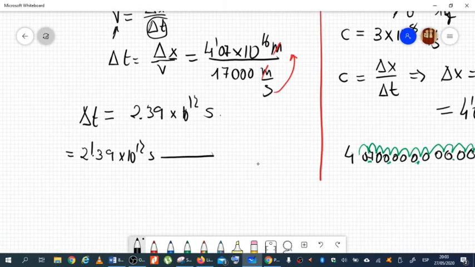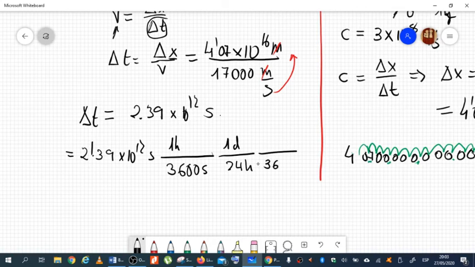So we have to say 3,600 seconds is 1 hour, okay? And 24 hours is equal to 1 day. And 365 days is 1 year, okay?